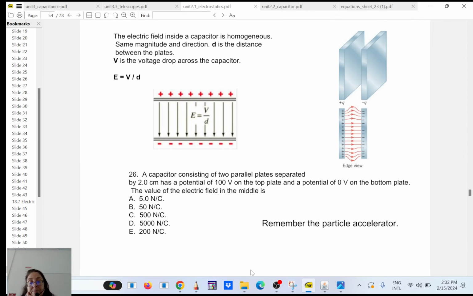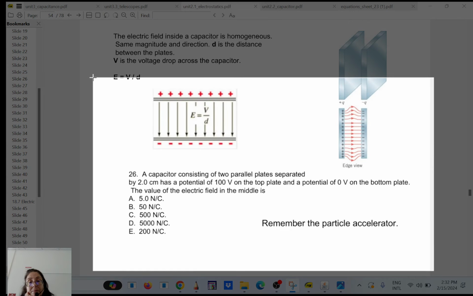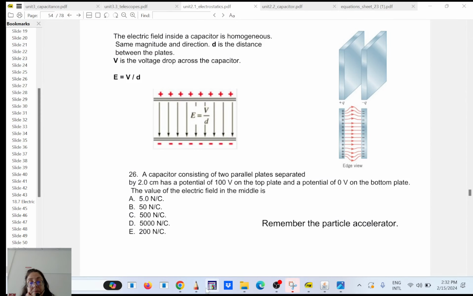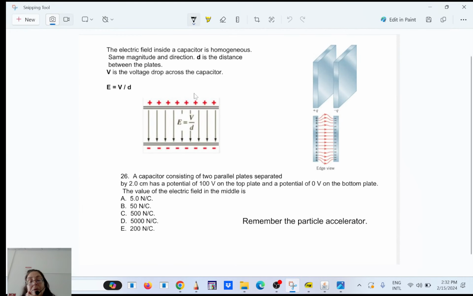Okay, so let's go back to here. So did you do this one? Do it. I'm hungry. It's hard to focus. So you have two plates here. This is Q and this is minus Q. These plates are connected to a power supply that is providing a voltage V. So you have an electric field here between plus and minus.